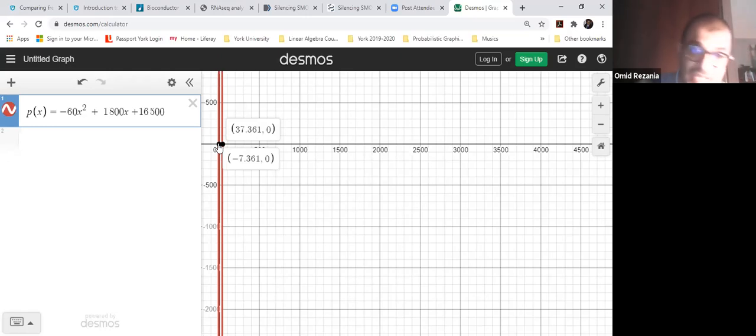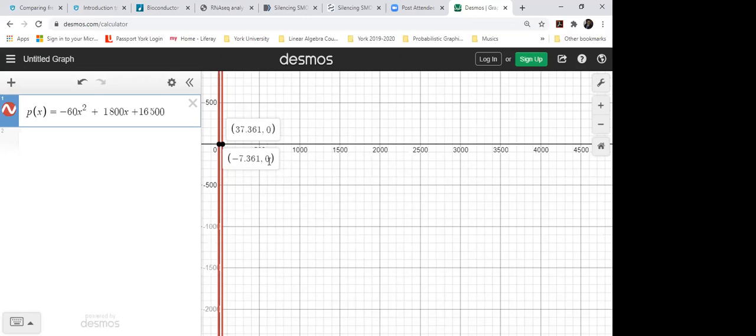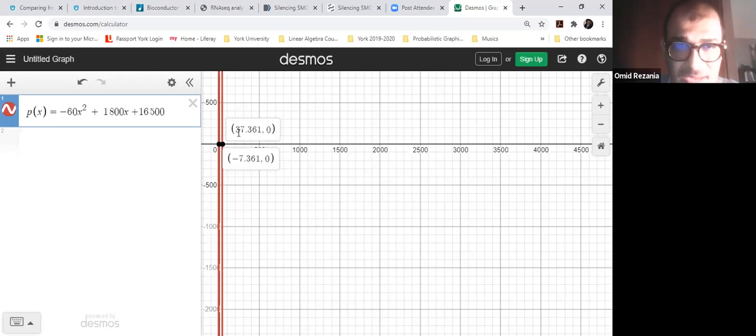The y-axis for both of these points is 0, but for the x-axis, one of them occurs at approximately 37, and the other happens when x is equal to -7. And we also saw the peak of our plot.